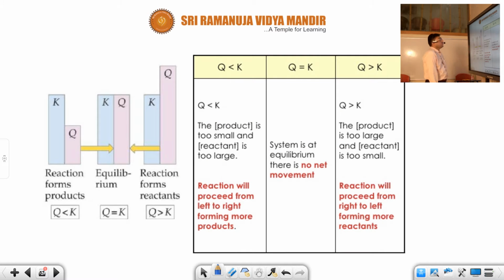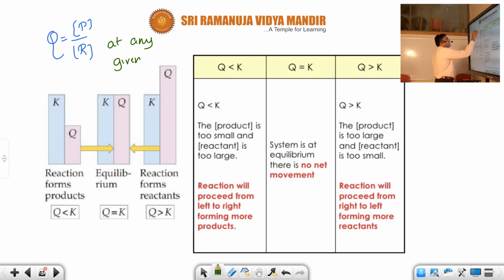Now, students, have a look here. What is Q? Q is also the concentration of the products by the concentration of the reactants, very important, at any given time. Students, what is the difference between K and Q?